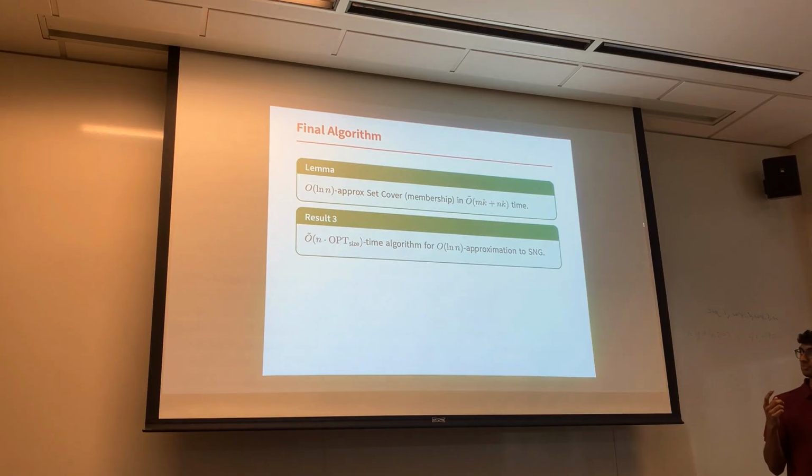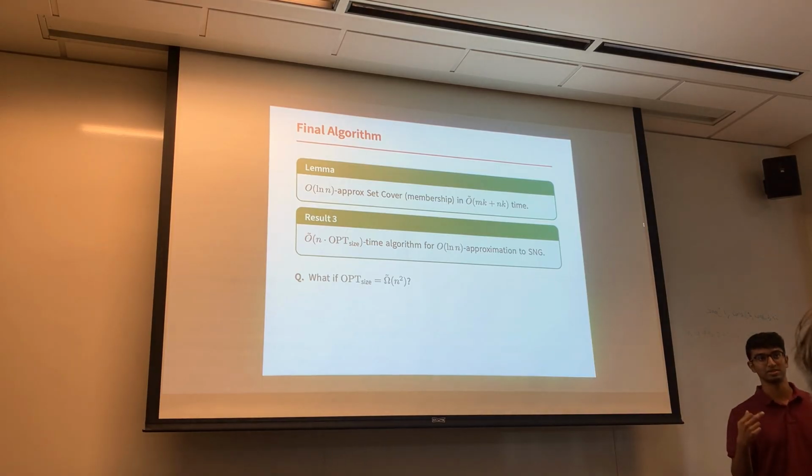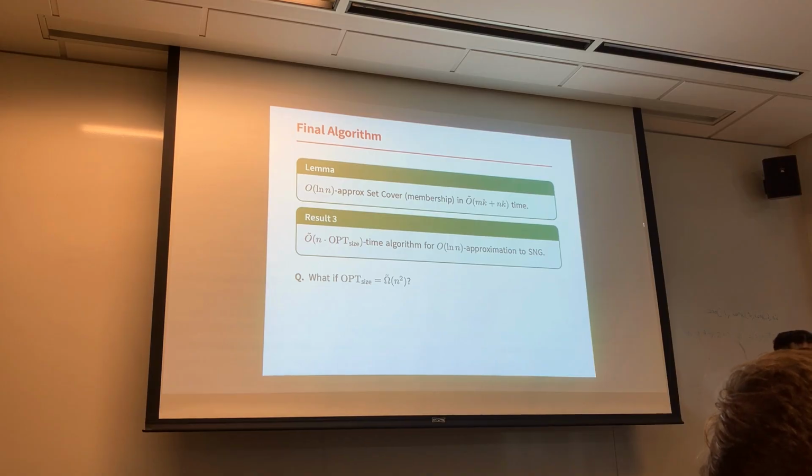Now, if you look at this result, previously I talked about a few cases when this gives us much better than n cubed time. But you can also ask, what if my opt size is very close to n squared? Maybe my data set, the sparsest alpha navigable graph, is actually quite dense? Well, then my runtime looks more and more like n cubed.